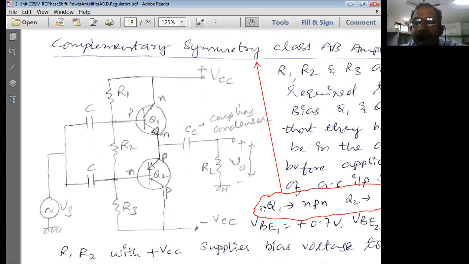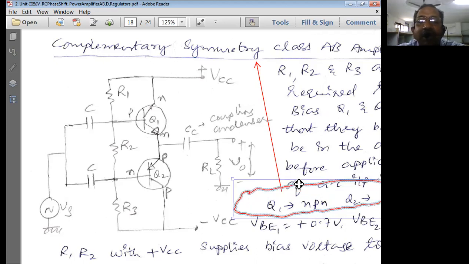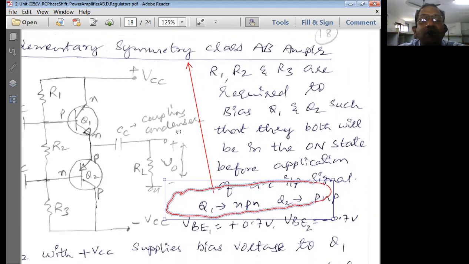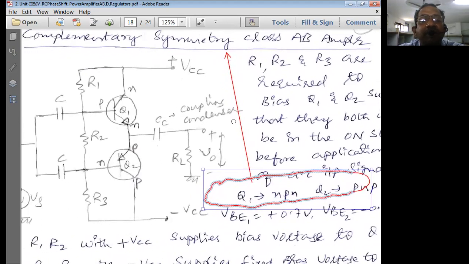Class A, class B, class C, class D, class AB differ from each other in the firing angle in general. So here the firing angle is going to lie between 180 degrees and 360 degrees. That is why it is called a class AB type of power amplifier. Now, what is the reason why we call it complementary symmetry? Q1 is NPN, Q2 is PNP.